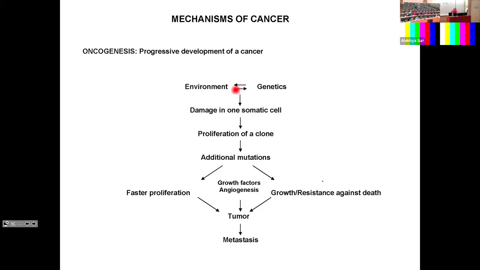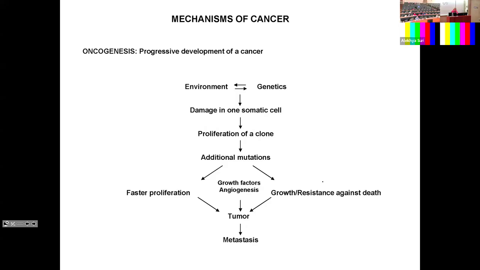When people say it's a genetic disease, it is because it happens at the level of the DNA, right? The misconception is that it is always hereditary. No, not all tumors are hereditary, and we are going to see examples of those cases. In this case, we have an imbalance in the genetics or the environment, because there can be chemical compounds like carcinogens in the environment.